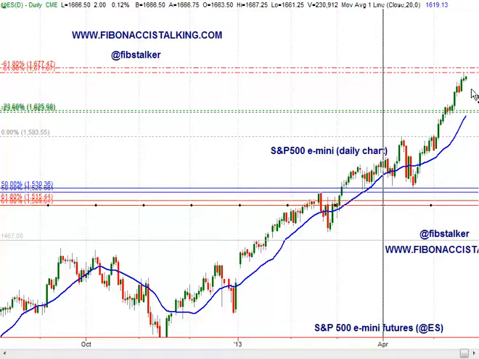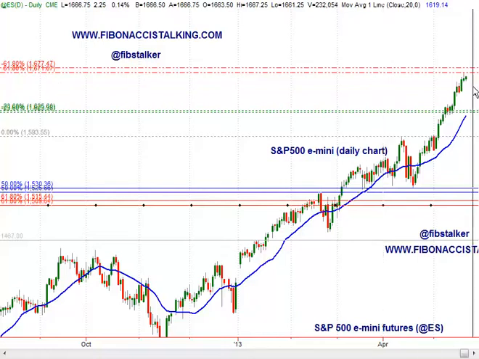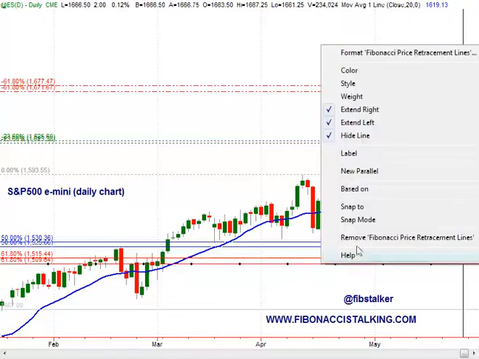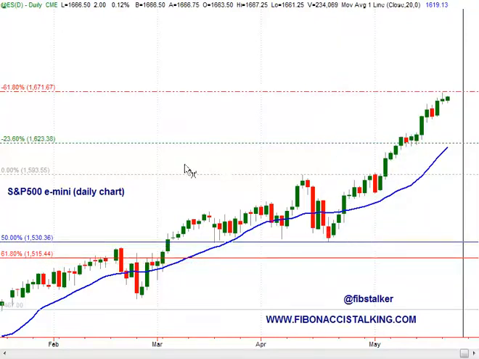So if the first target was actually hit, it's possible that the price of the S&P 500 will continue higher into this 1677, and then I think we are going to see a probable correction. So I will consider this hit at the moment. I'm not going to wait for 1677 to be hit.